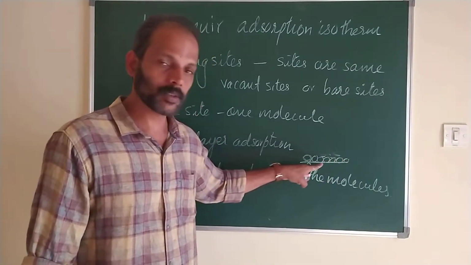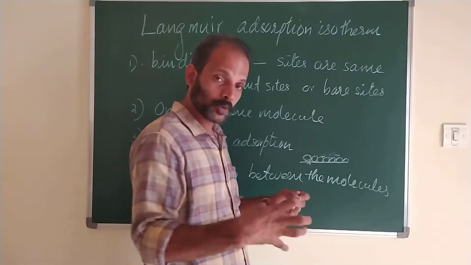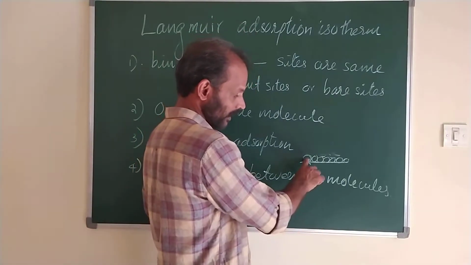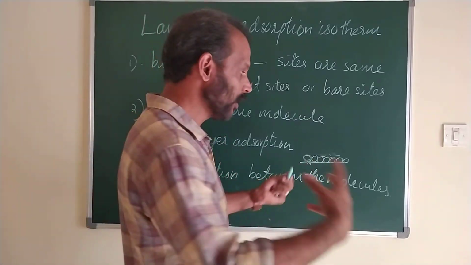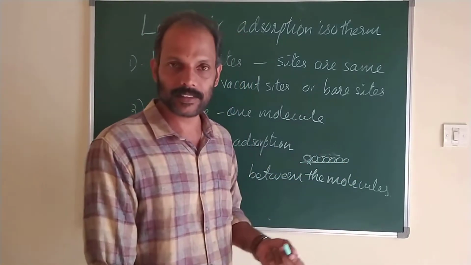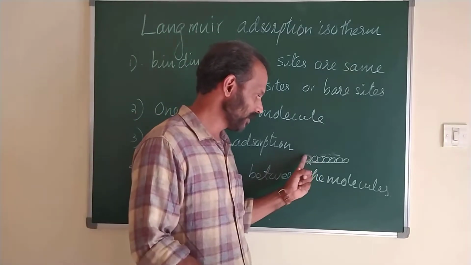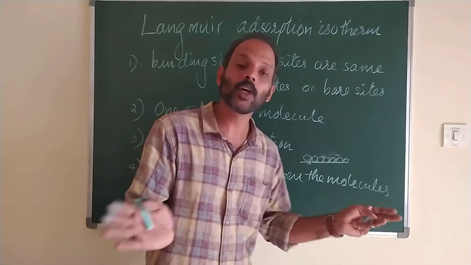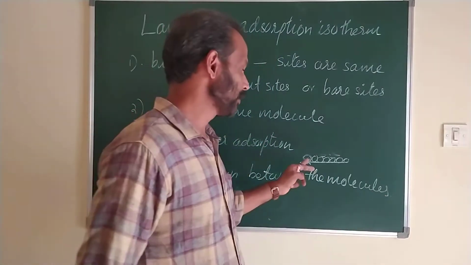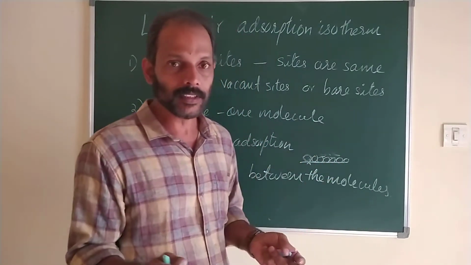Even though they are close to each other, they have no intermolecular interaction, just like our kinetic molecular theory of gases. So there is no intermolecular interaction between the adsorbed molecules.